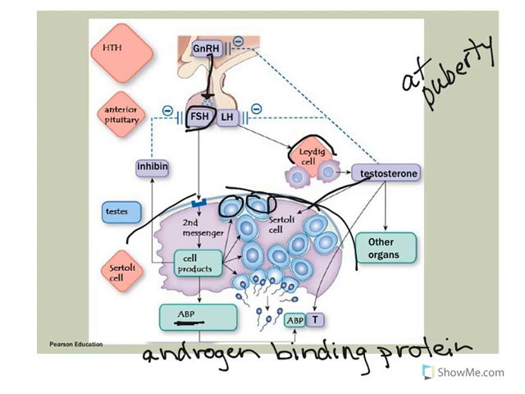And so it's allowing the Sertoli cell to produce a number of factors that are necessary for gametogenesis. The Sertoli cell also produces androgen binding protein, which binds to testosterone and keeps the levels of that hormone extremely high within the seminiferous tubules.